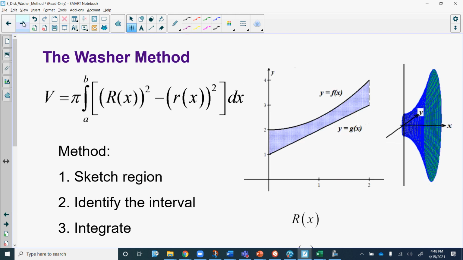Hopefully you guys are picking this stuff up okay. Because now we're going to be moving on to the washer method, and the washer method is going to be slightly more complicated because we do have that region that we have to remove.